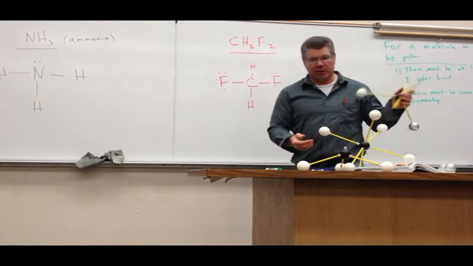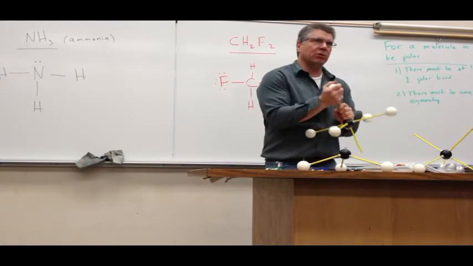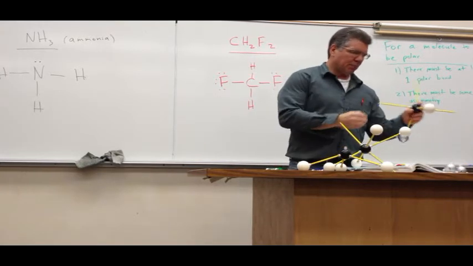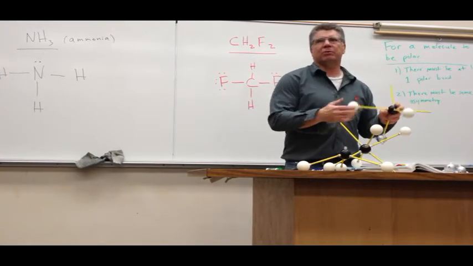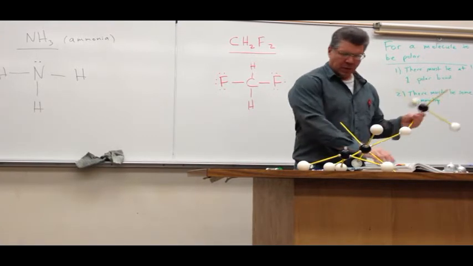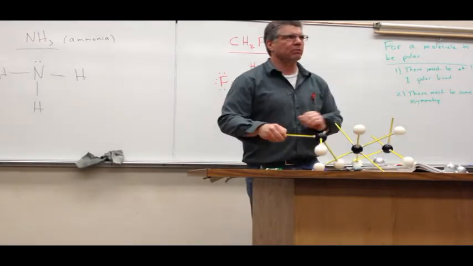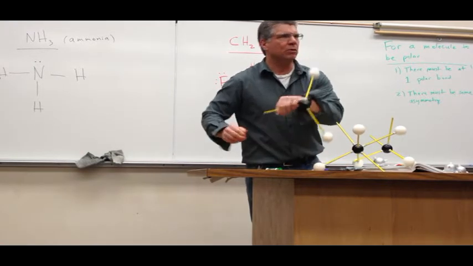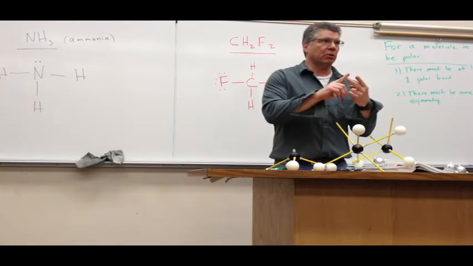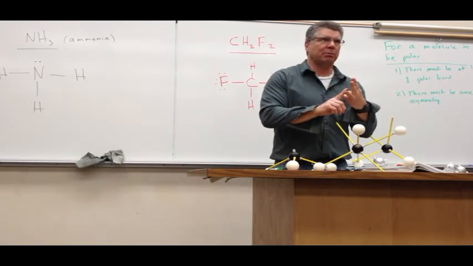Remember that, because that'll help you if you're not sure what your shapes are. In trigonal bipyramidal, you put all the lone pairs in the equatorial positions. Remember I explained why? Because they're further away from each other. Lone pair interactions are stronger than lone pair-bond pair, which is stronger than bond pair.